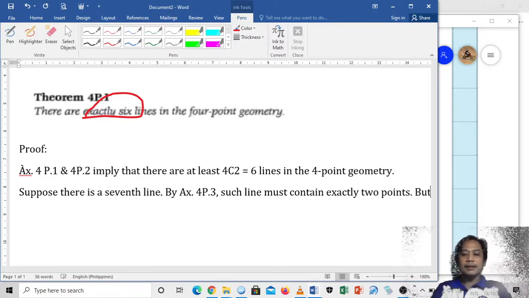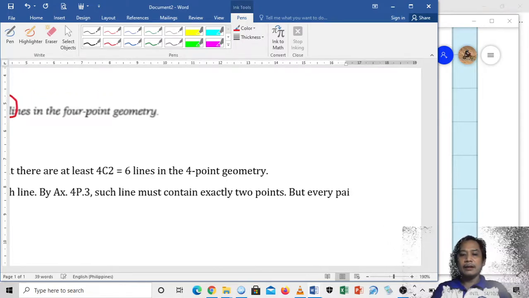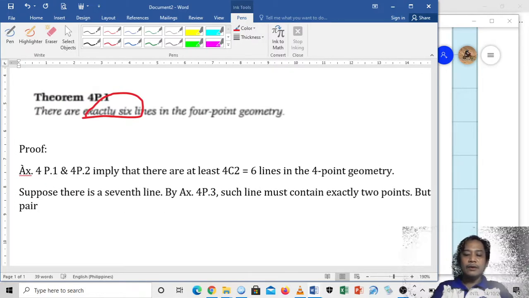But in our first argument, every pair of points has been accounted for.